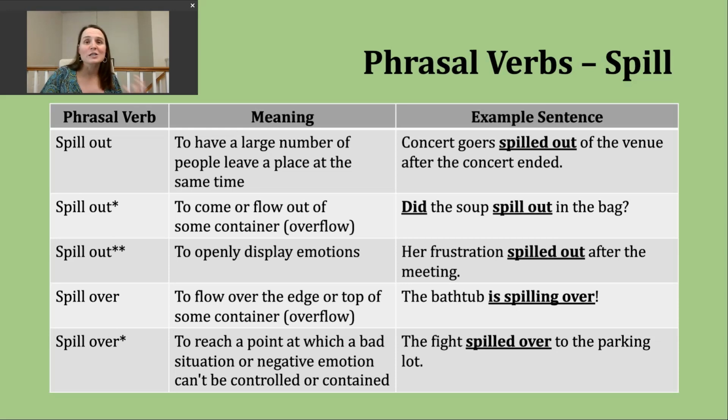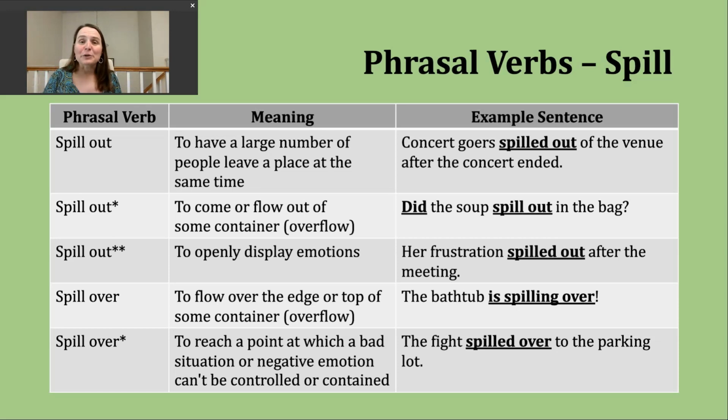So anger, sadness, and so this idea is that someone kept a feeling inside them for a period of time, and then eventually maybe they start yelling or maybe they start crying, but it's sort of like their emotions are overflowing their body.